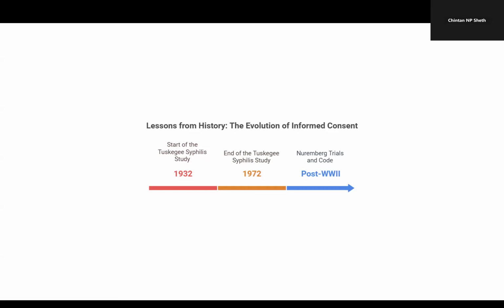If you want another example, the Nuremberg trials after World War II exposed horrific human experiments, leading to the Nuremberg Code, which emphasized voluntary consent. These events shaped the ethical foundations of modern clinical trials and why informed consent is absolutely non negotiable today.